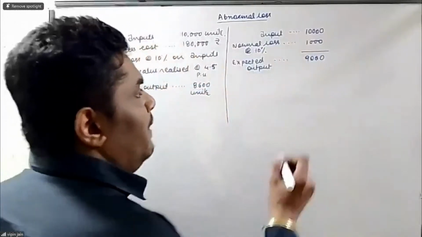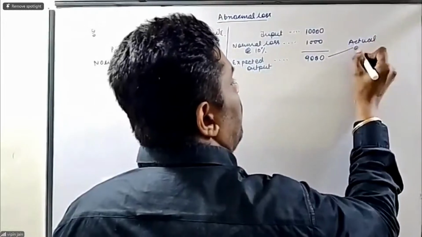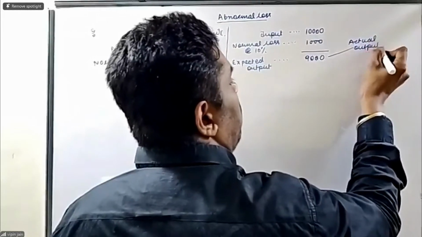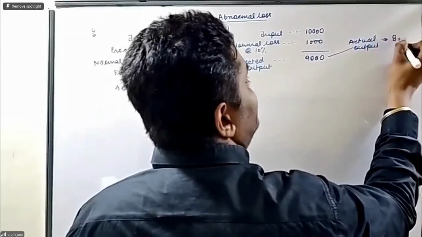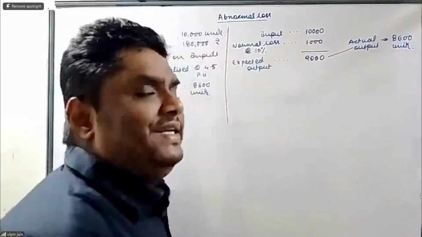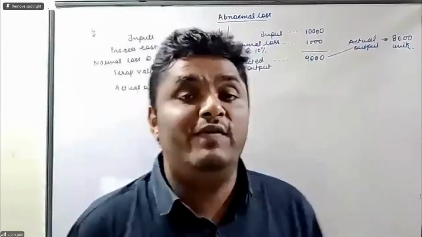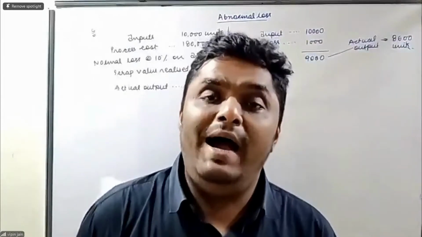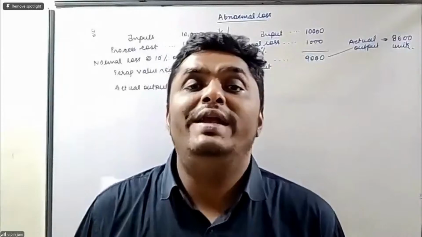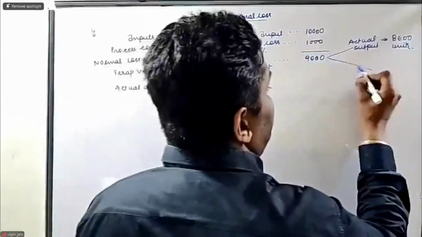However, my actual output is 8,600 units only. I was expecting an output of 9,000 units. However, my actual output is only 8,600 units. It means, what about these 400 units?